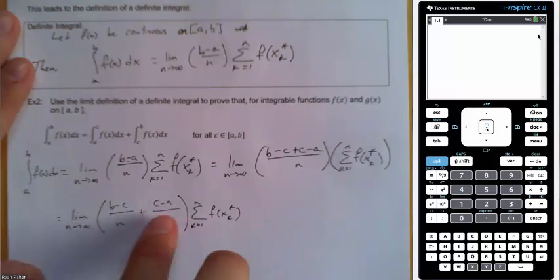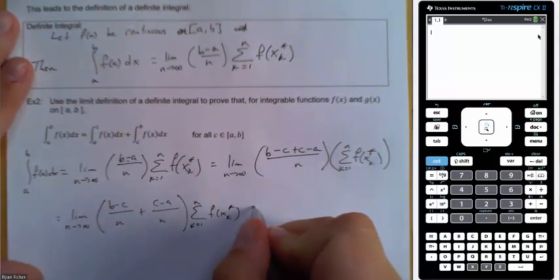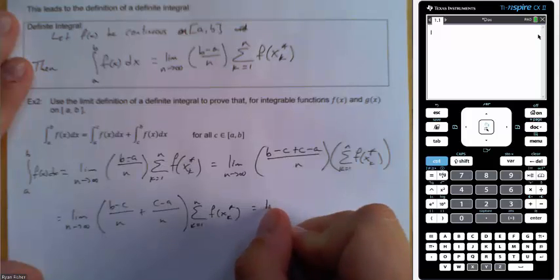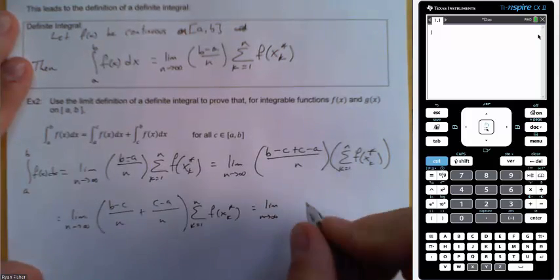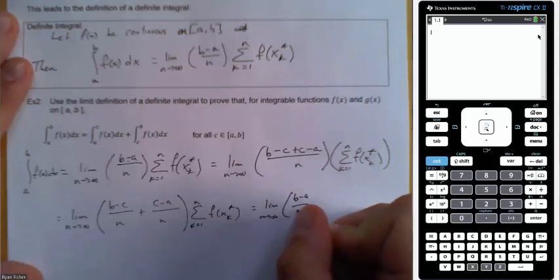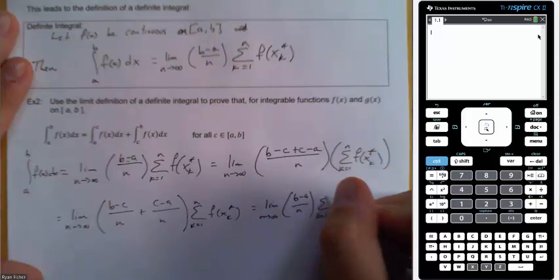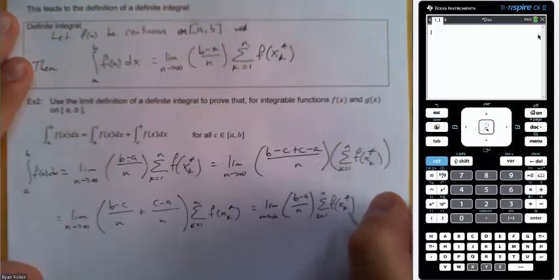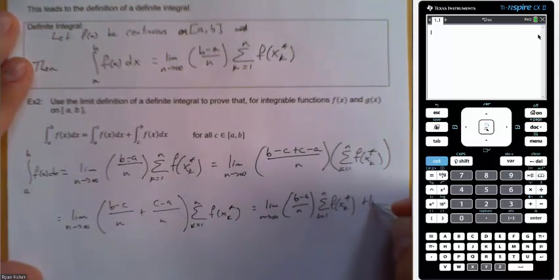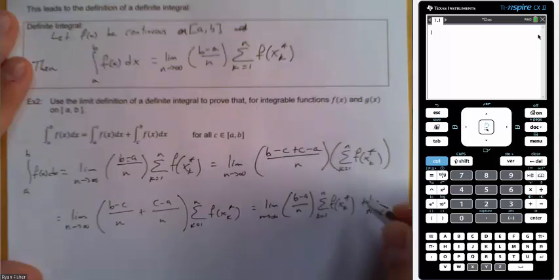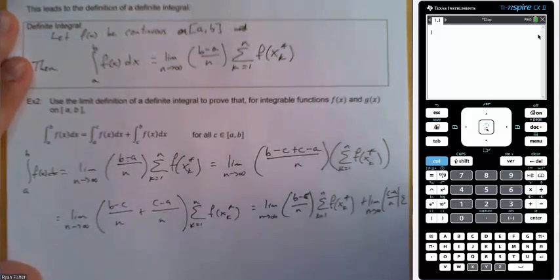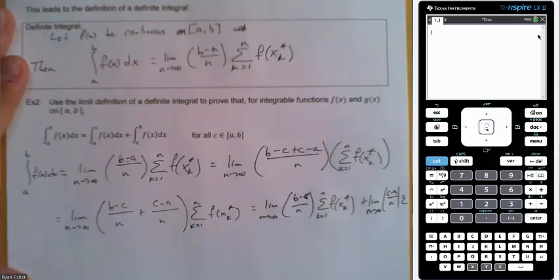So then I can distribute this in and split this into two limits. The limit as n tends to infinity of b minus c over n times our sum, k equals 1 to n of f of x k star, plus the same limit of c minus a over n times that sum. And I won't bother filling it in because it's the same.